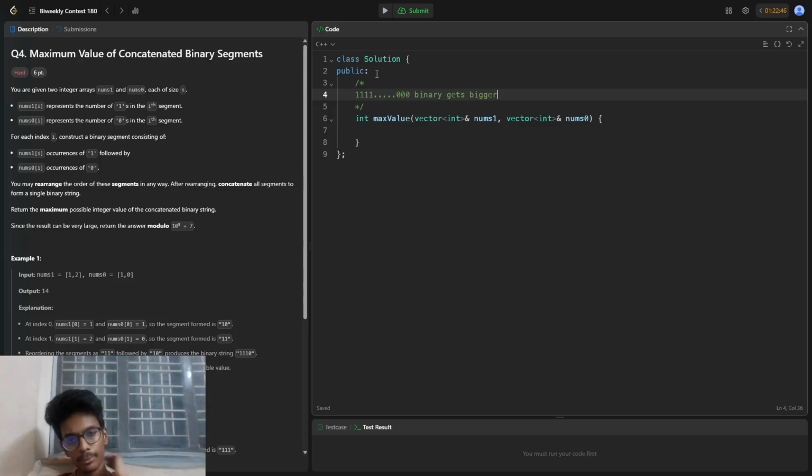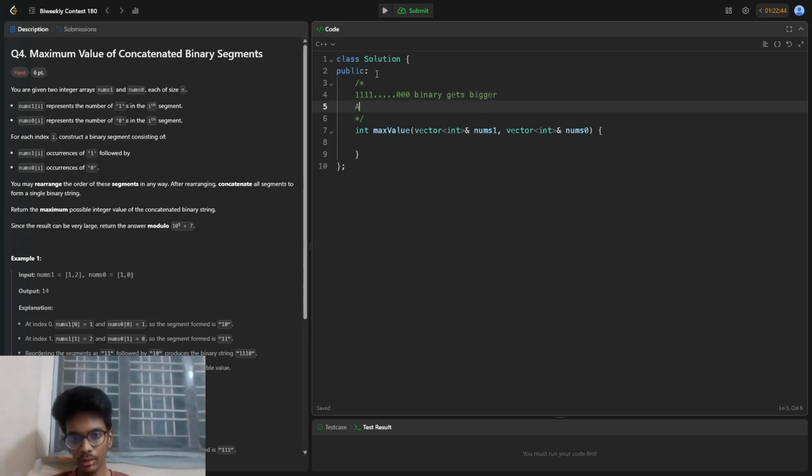So we need to compare AB and BA. This is what we should be doing.